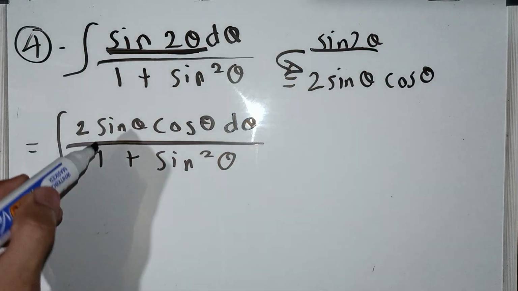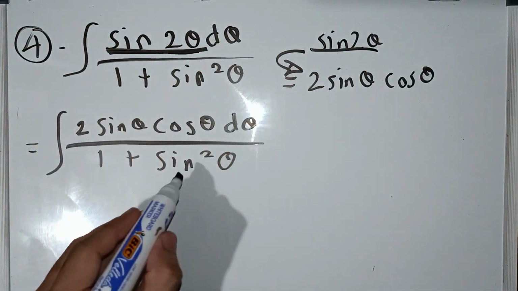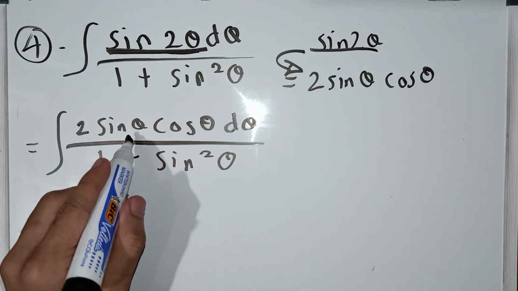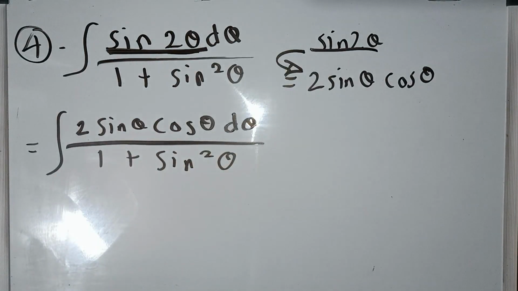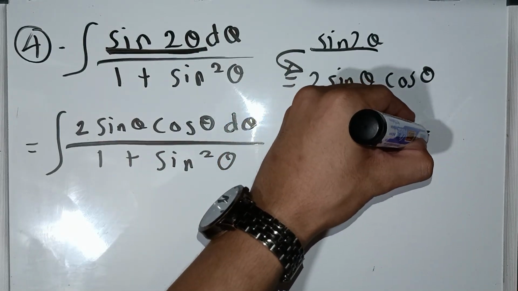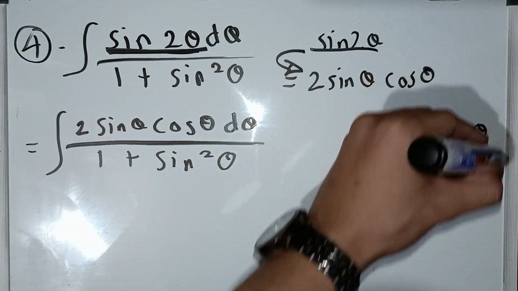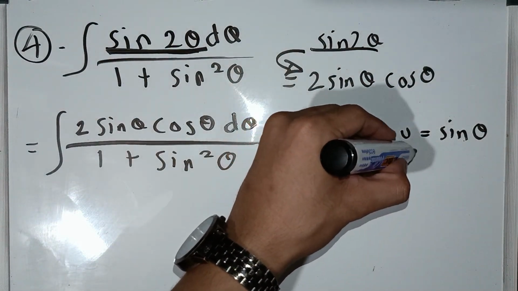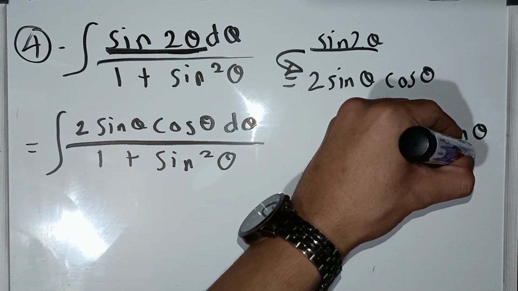Letting sine theta is equal to u will help us get rid of the cosine theta, and we can now substitute sine theta into u. So let u is equal to sine theta, and the derivative of sine theta will give us cosine theta d theta.